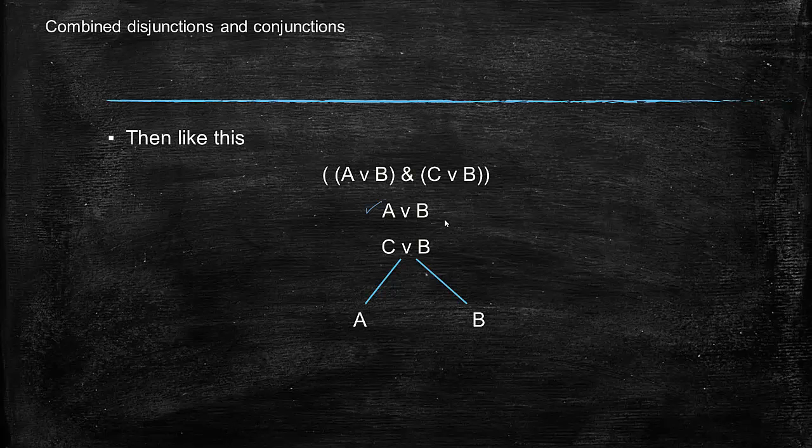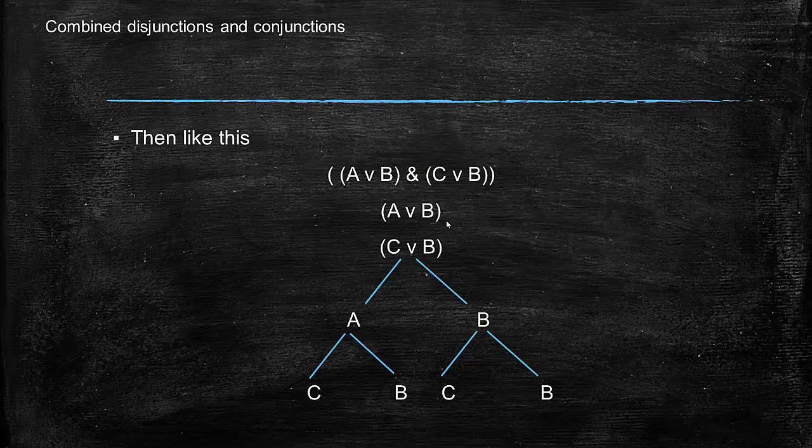Then in the next instance, we would branch C or B, and we'd have to branch C or B under both of them. So we get A going to C or B and B going to C or B as well.